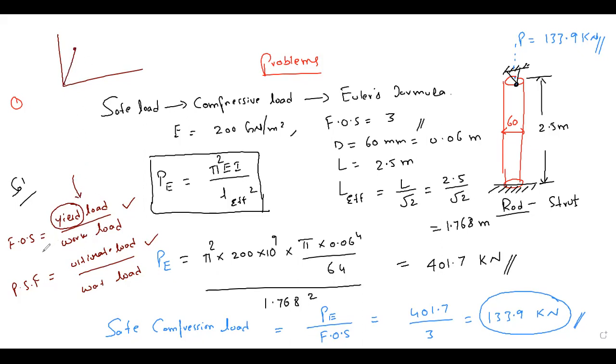That is the reason why factor of safety is yield load to working load. Here the yield load is P, and the working load is the safe compressive load, that is, the load carried by the column to maintain its safety, which is 133.9 kilonewton.